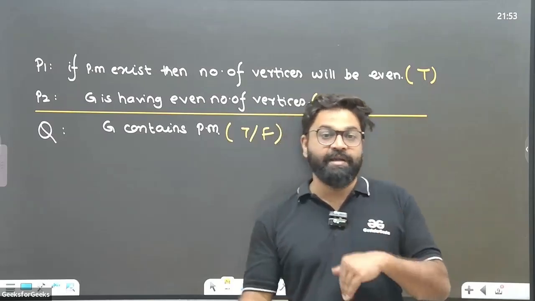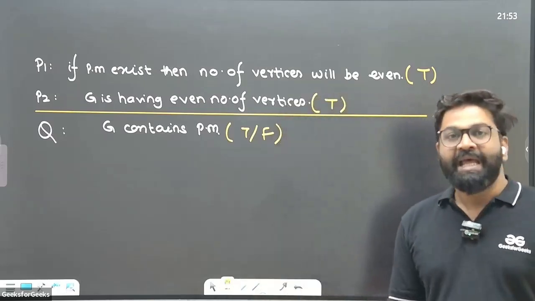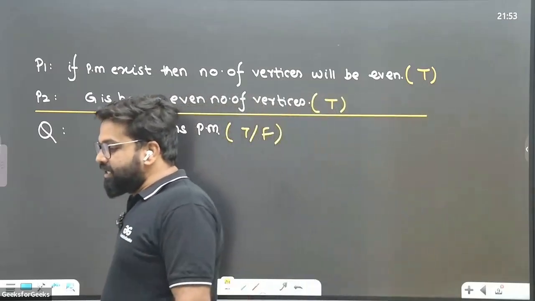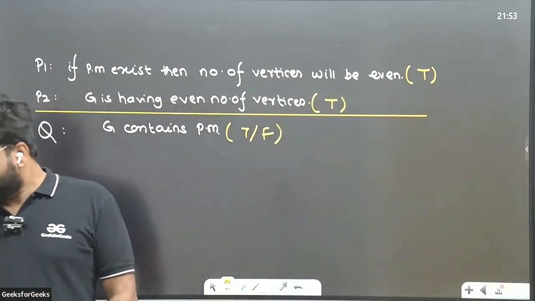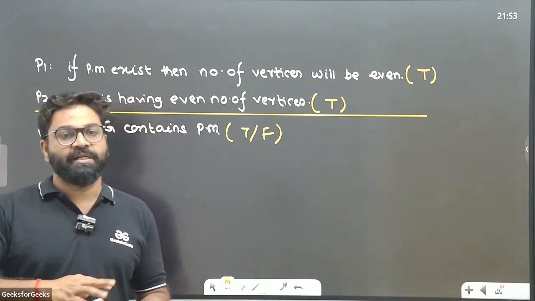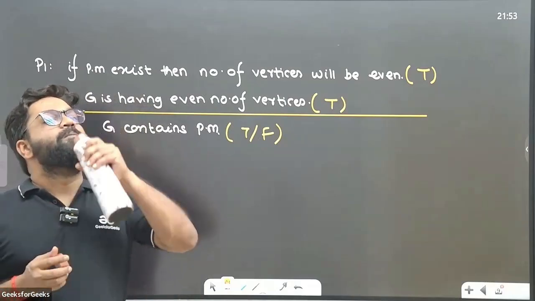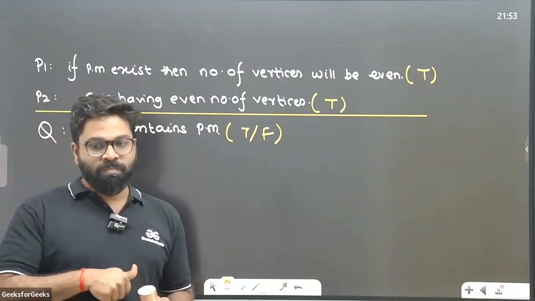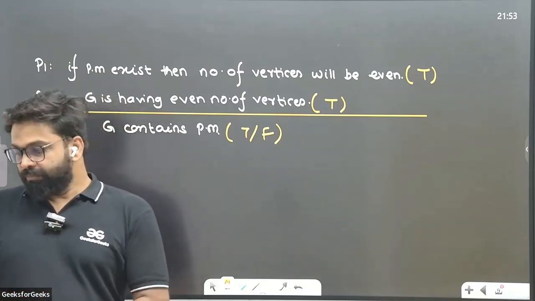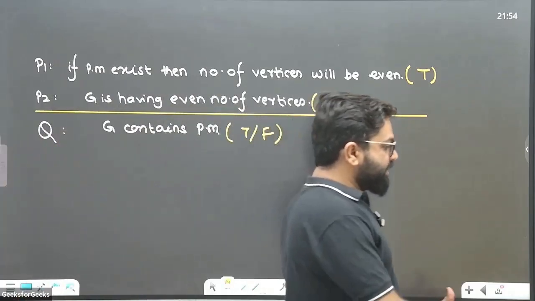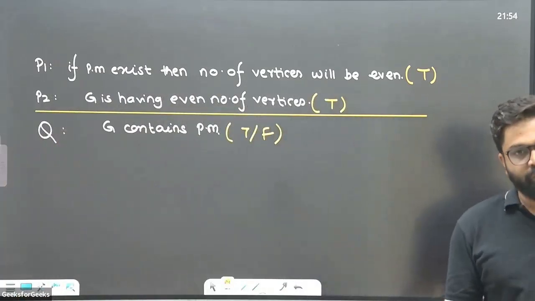So when it is showing sometimes true, sometimes false, that means I will not consider this under the inference rule.